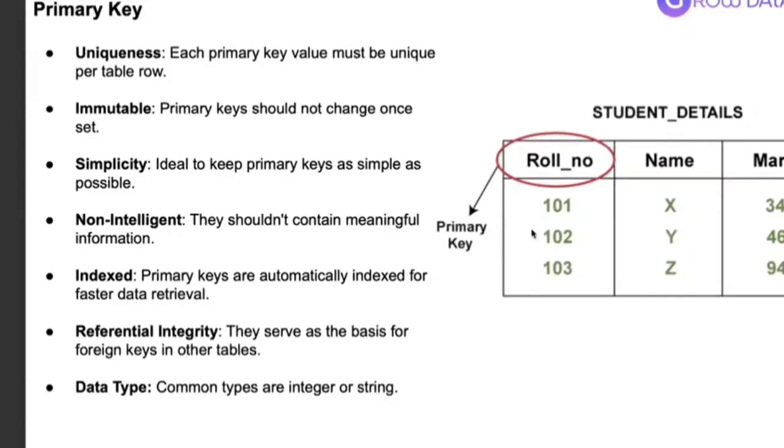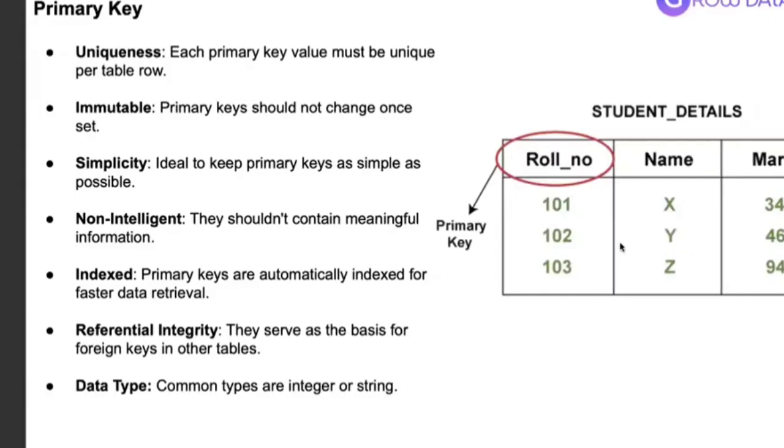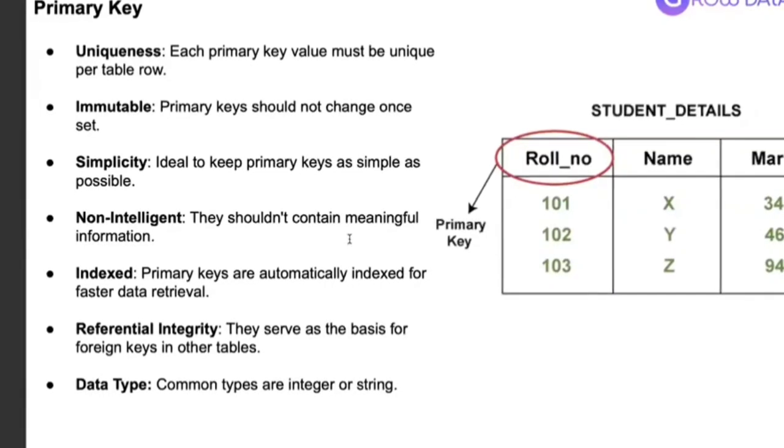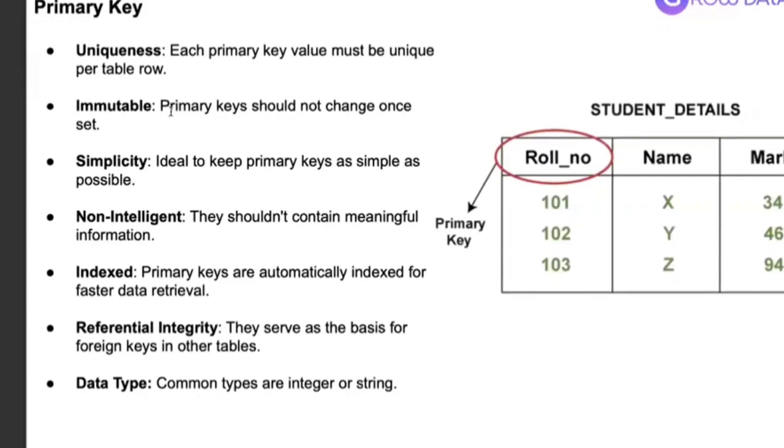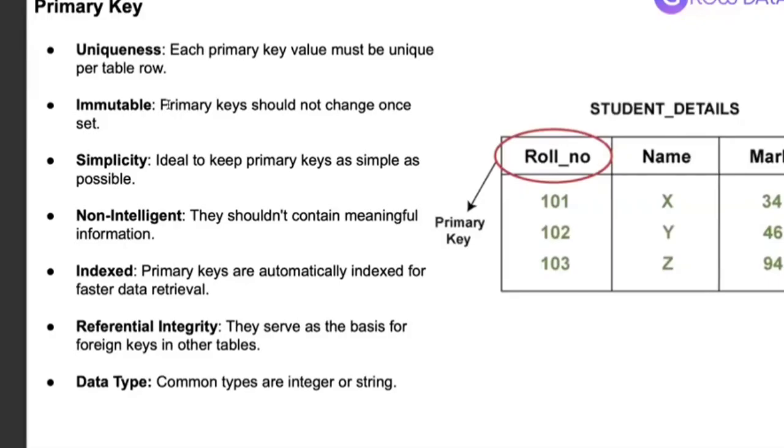So these roll number values uniquely identify individual records from the table. All right. Now, the second part is immutable. Primary keys should not be changed once set. That is true, right?